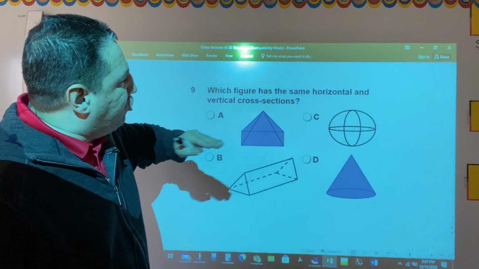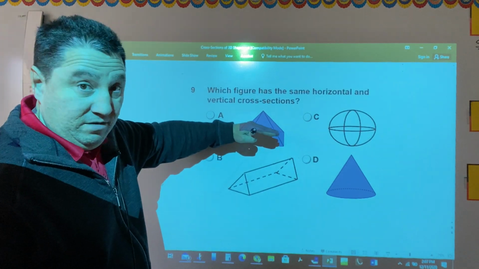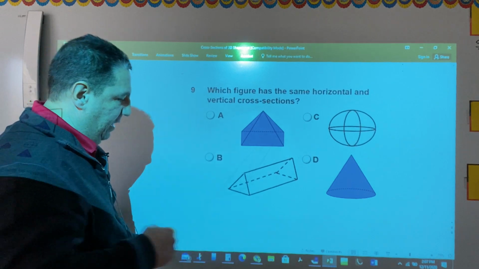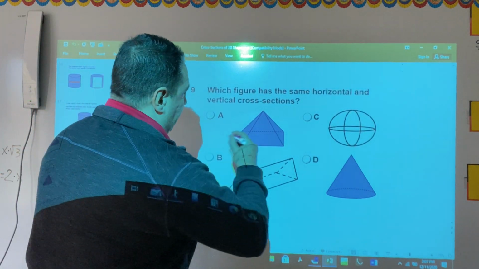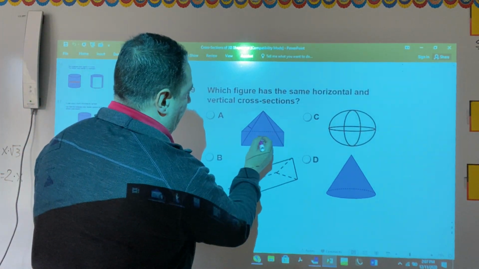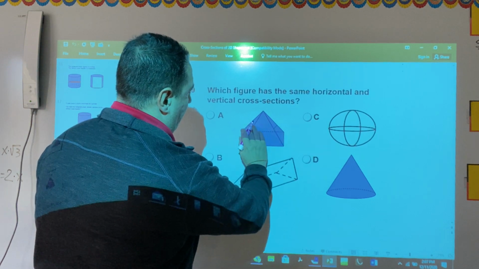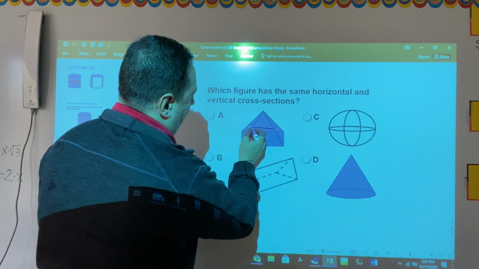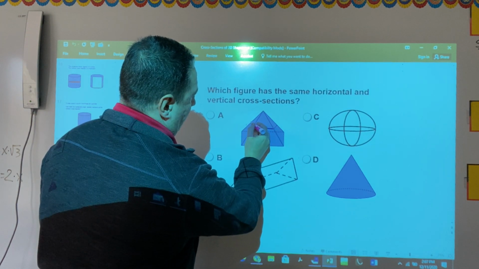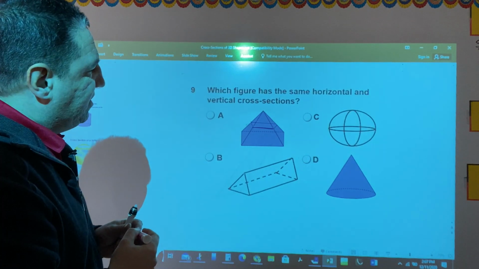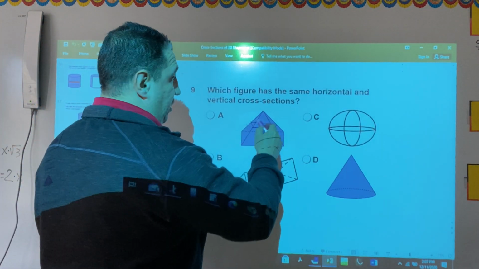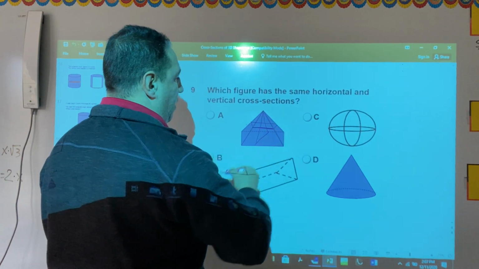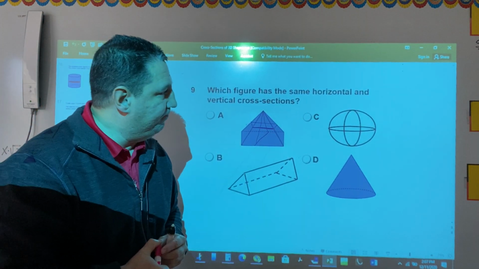Its horizontal cross section would be a rectangle, and its vertical cross section would be a triangle.